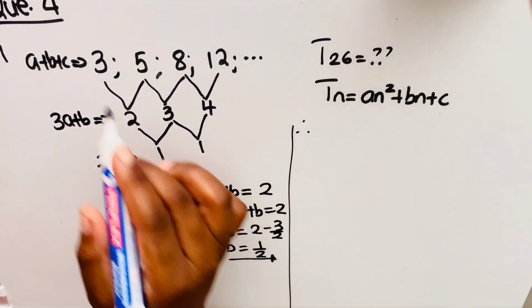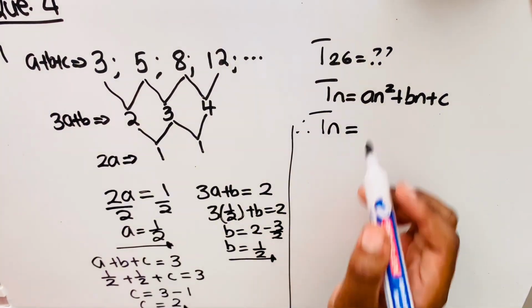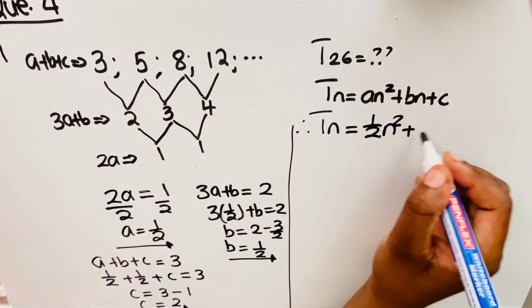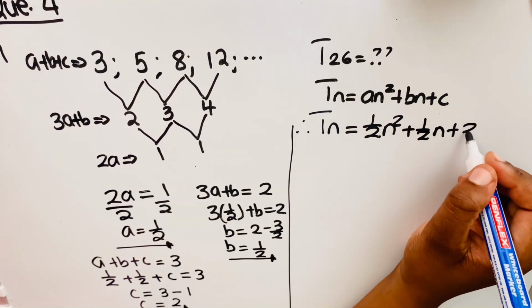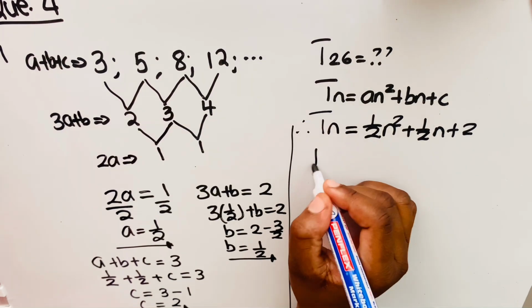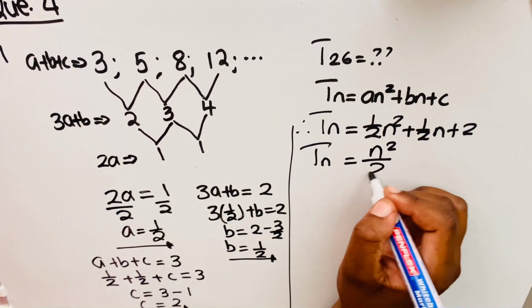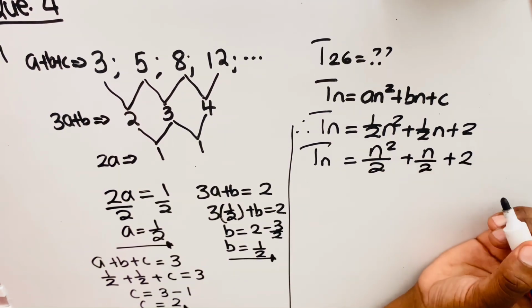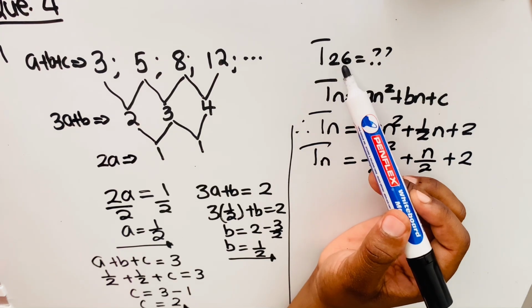Therefore, the general rule of this sequence is Tn equals, substituting the values, half n squared plus half n plus 2. This is the same as n squared over 2 plus n over 2 plus 2. Then the question was to determine the value in position 26.